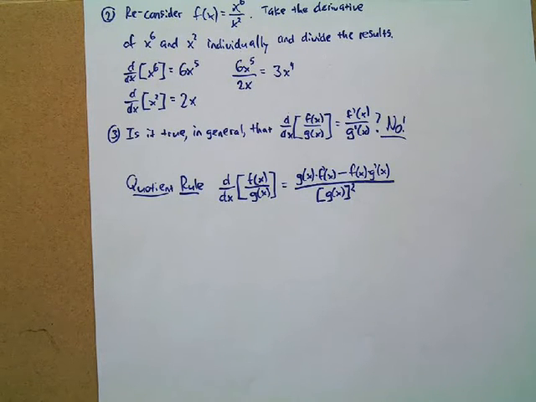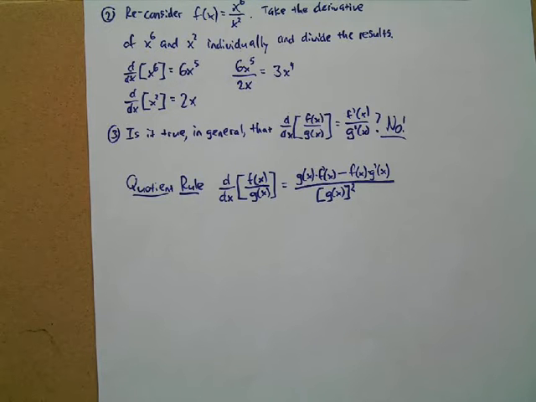Okay, that's it. The bottom times the derivative of the top minus the top times the derivative of the bottom, all over the bottom squared. Okay. And this is something, should you take calculus, that you'll memorize. And it's really not that bad. Okay. It looks yucky, but it's really not that bad.